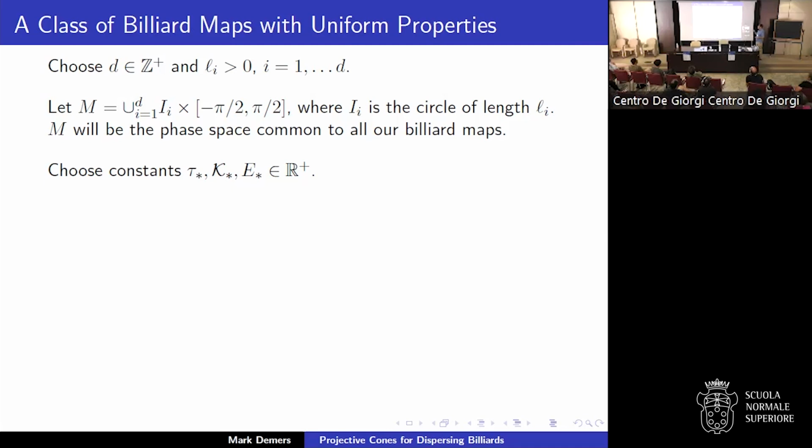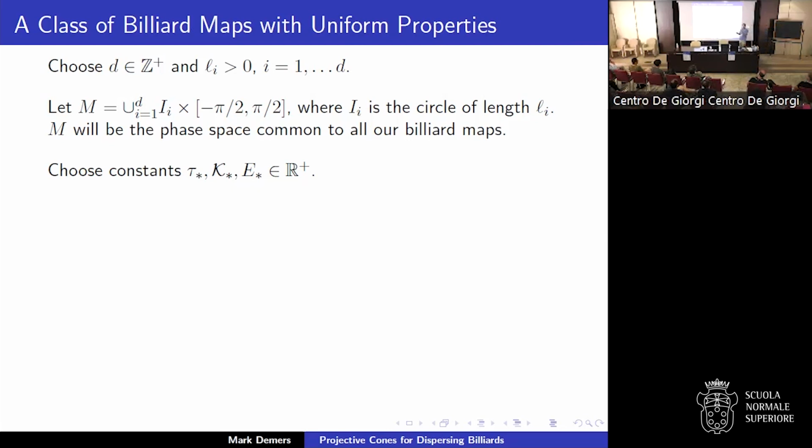Okay, so what we'd like to do to set up these cones is fix certain parameters that are geometric in nature, just relying on the billiard table, and saying that, look, if you just fix a certain set of parameters to the billiard table, then all your billiard maps that you can associate with these will all have a uniform set of properties. And so we don't really care which map we're applying at any given time, as long as they satisfy this uniform set of properties, they'll all contract the same cone, they'll all evolve in the same way that we want.